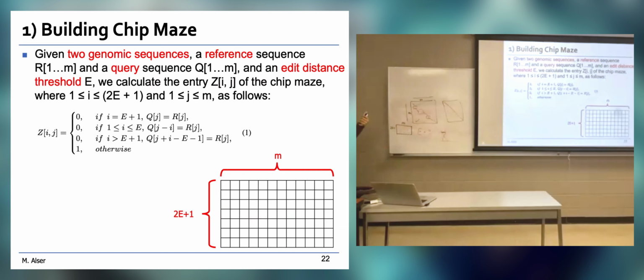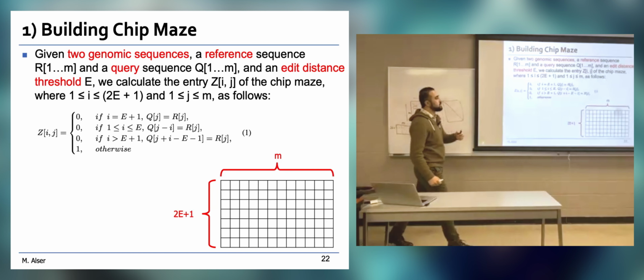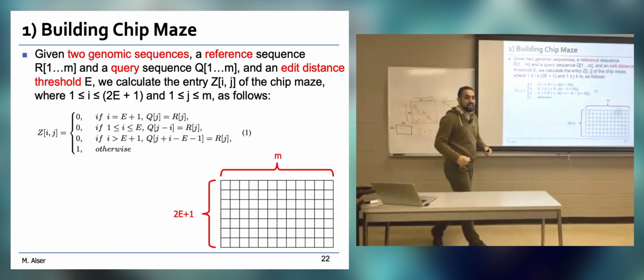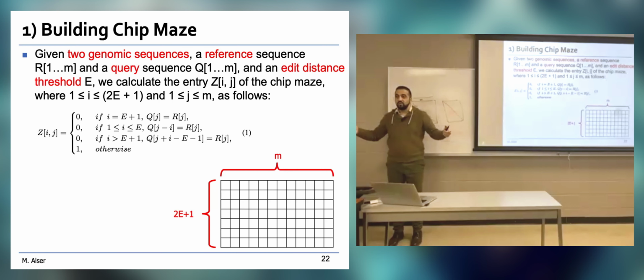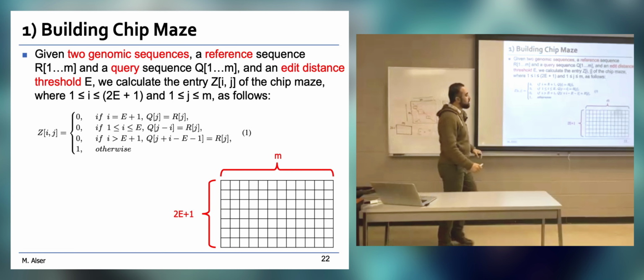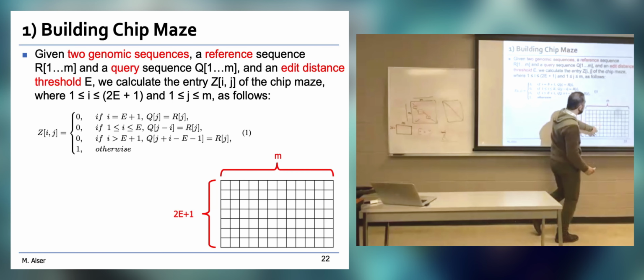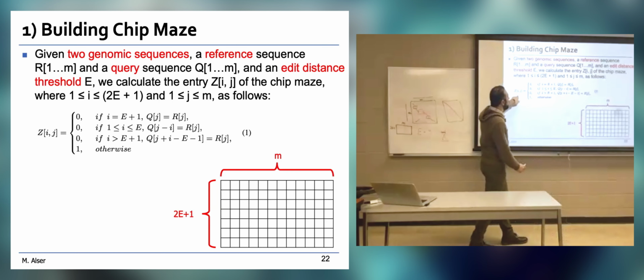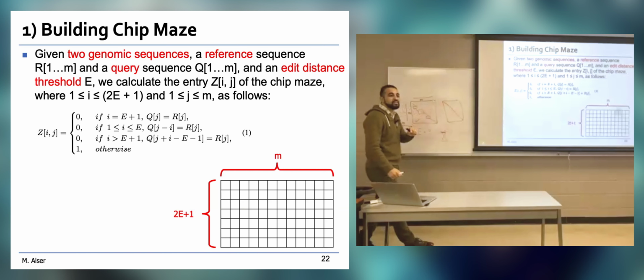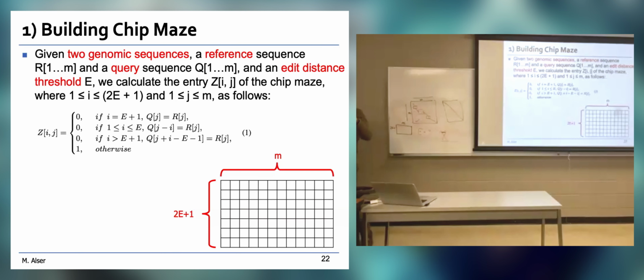And that's the first step to calculate sneaky snake, which is to build this chip maze that is mimicking the entire chip in our devices, okay? Assuming this is the chip that we are working on. Now, how we calculate any single entry in this maze is just to follow this equation, okay? Same as we use in edit distance, for example. We had that equation: if the two characters are similar to each other, do this.